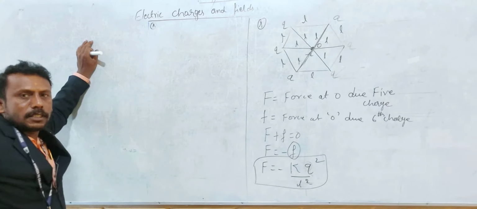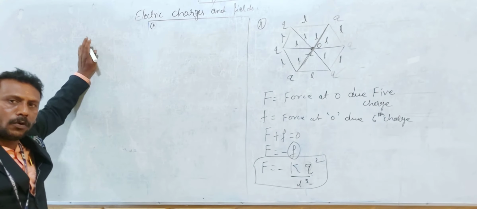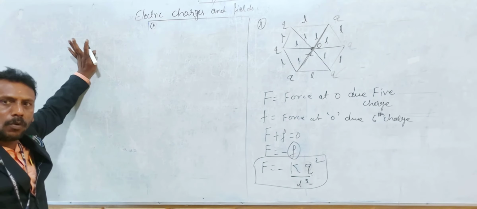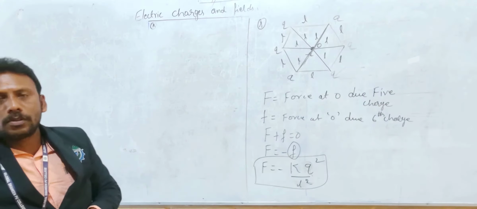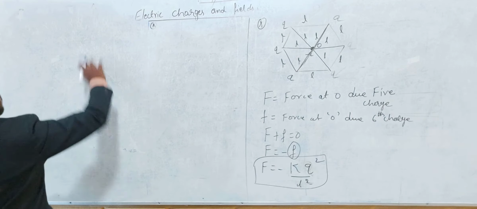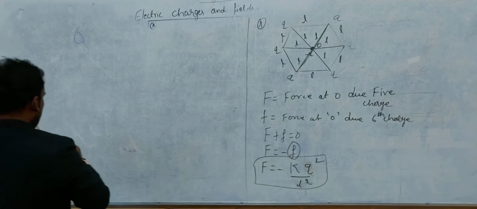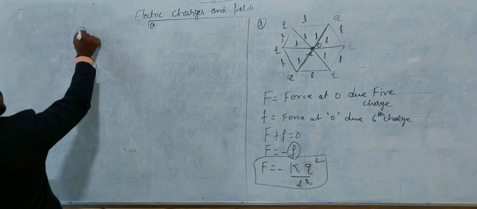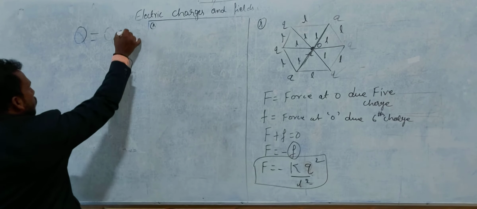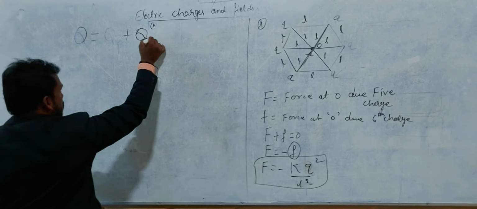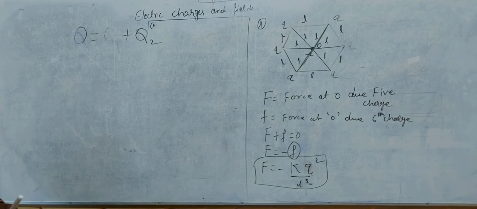Those two charges are separated by a distance capital R. The maximum repulsive force between them will occur only when Q1 is equal to Q2 is equal to how much? Q is divided into two parts, one is Q1 and another one is Q2.